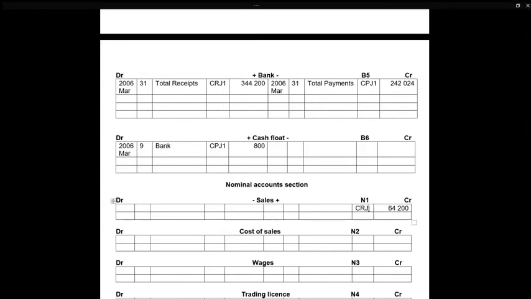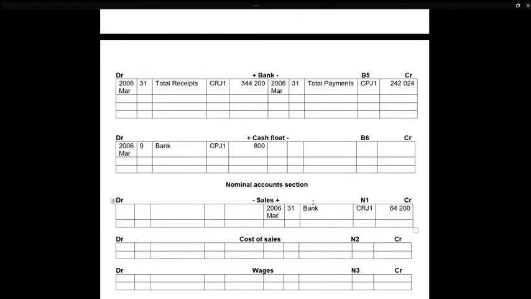Cash received journal number 1. My details will be bank. Sales is being credited. I'll find my debit in my bank account. In other words, 64,200 is my credit. This will form part of that 344,200 that I've received. Total of a column, therefore last of the month and 2006 and March.